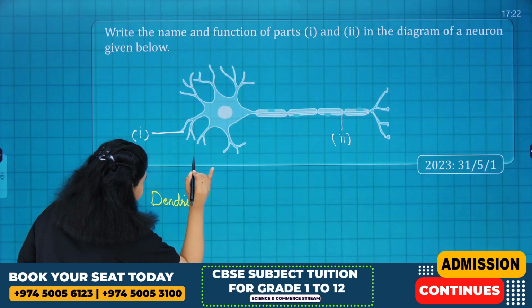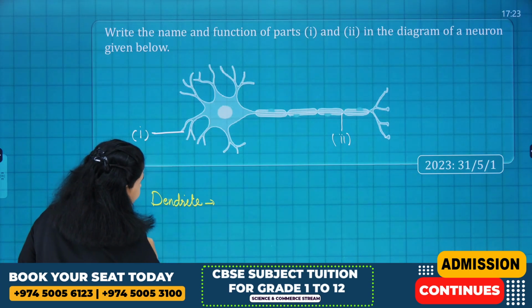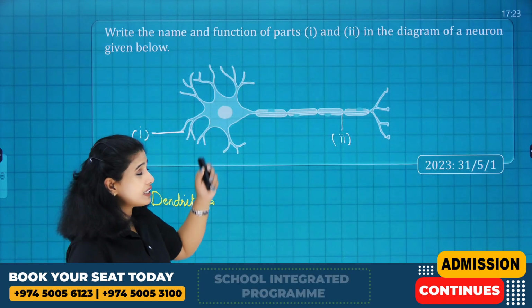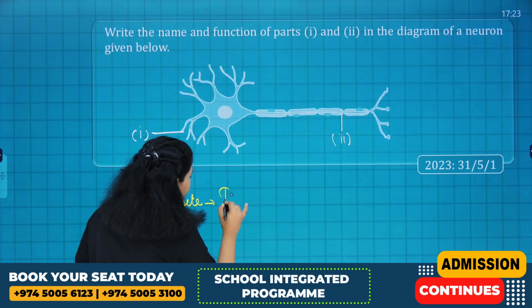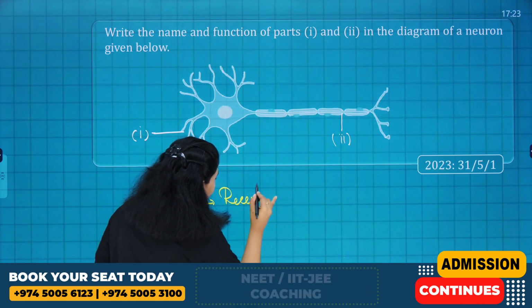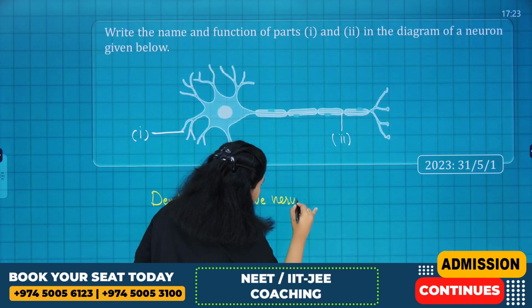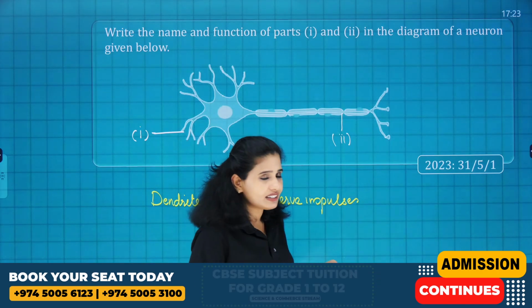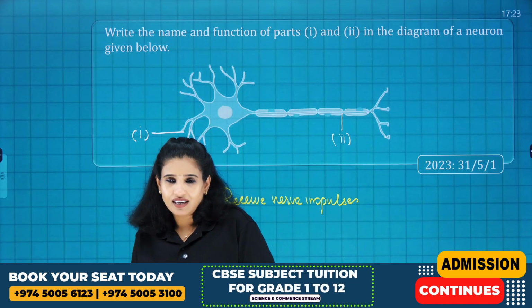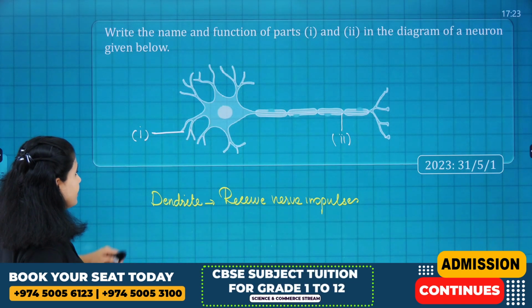It is dendrites. Now, what is the function of dendrite? Which receive the nerve impulses. That is the function of dendrite.